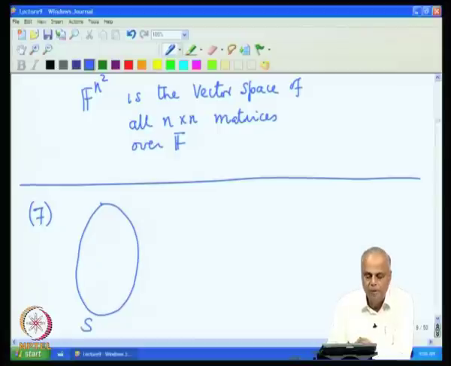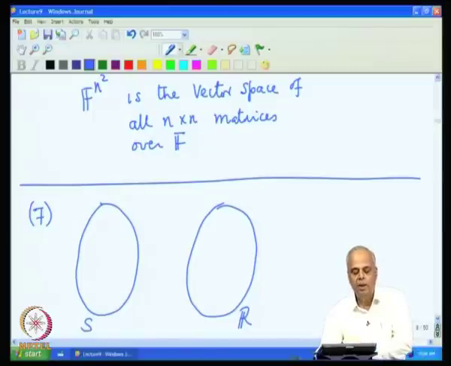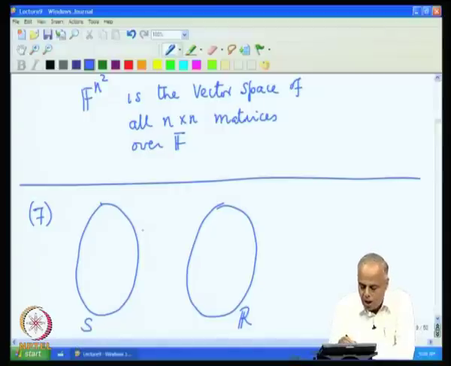So, S is an arbitrary non-empty set, and we have the set of real numbers. What is meant by a function from S to R?